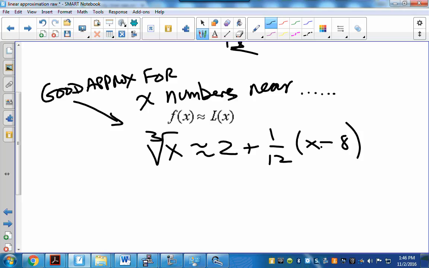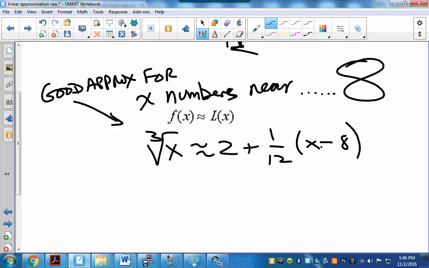Numbers near 8. In fact, if you put 8 in there, it's not an approximation at all. If you put 8 right there and 8 right there, what do you end up with? Cube root of 8 is 2. I know that. Right? This is good for numbers near 8.